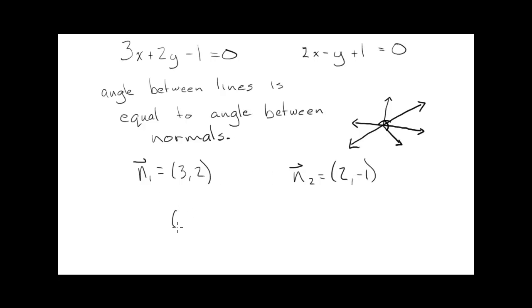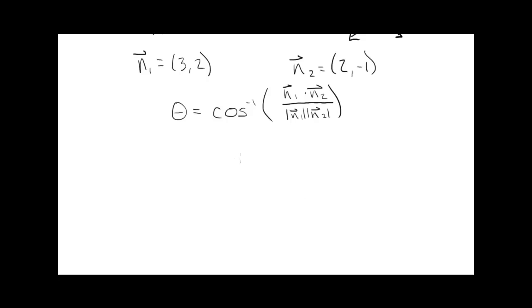So we just need to figure out the angle between these two things. So that's n1 dot n2 all over magnitude of n1 times magnitude of n2.